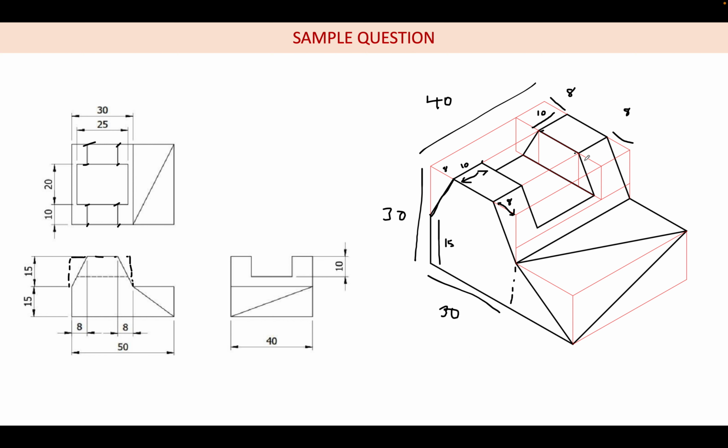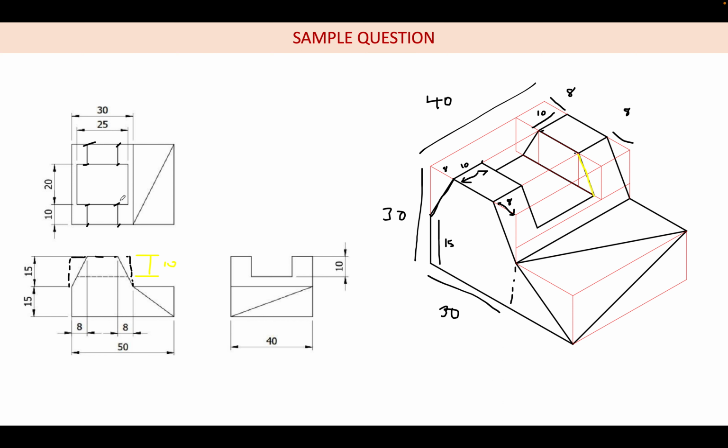So how to get this line? If I take yellow, how to get this line? Again we know from here. So what is this value? That is 10 mm as indicated over here, and this will be this small.